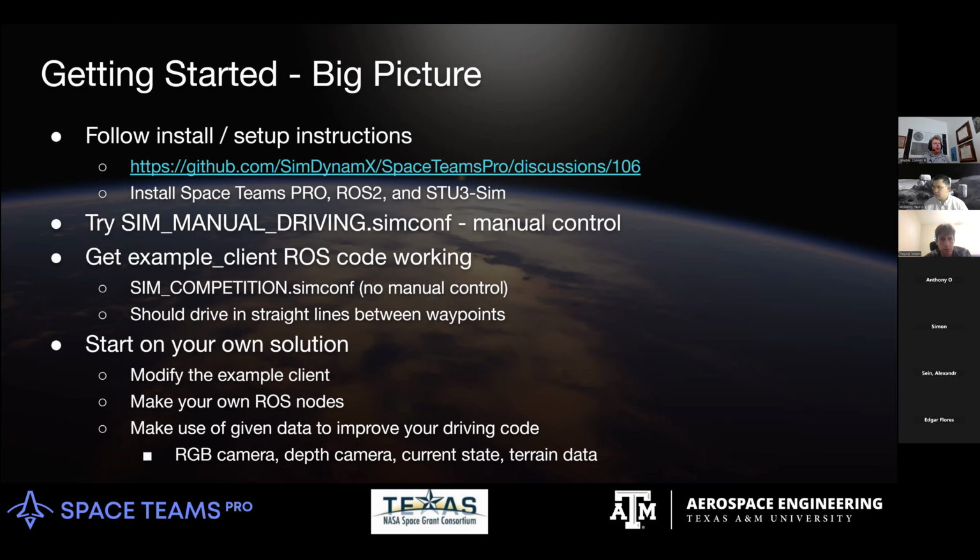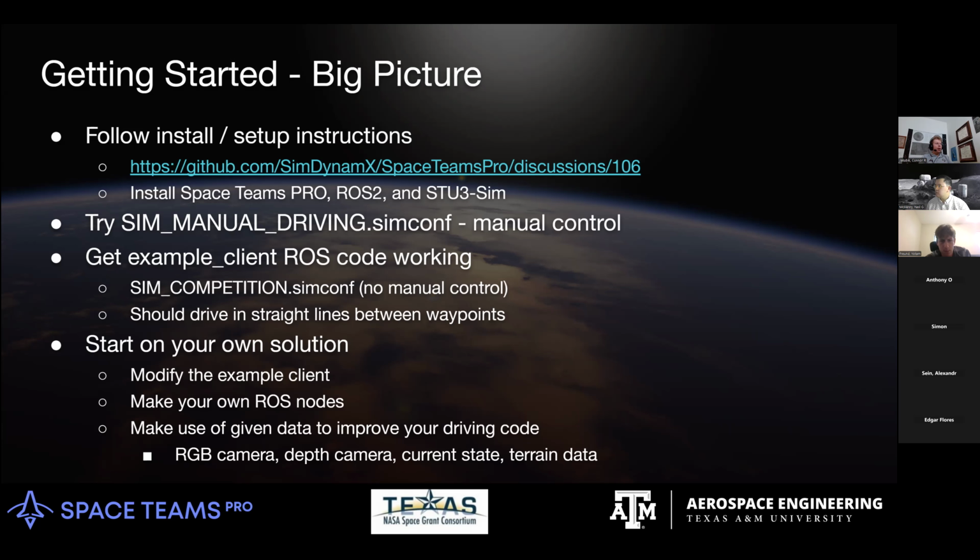That includes the example client, which we have already written, which drives between the waypoints in straight lines. So it will likely not be able to get to the second waypoint, but it's good enough to get to the first one probably, and you can use that as your starting point for your own code. So once you know that that's working, that's a good place to make sure that everything's set up properly, and you can continue on your solution from there.